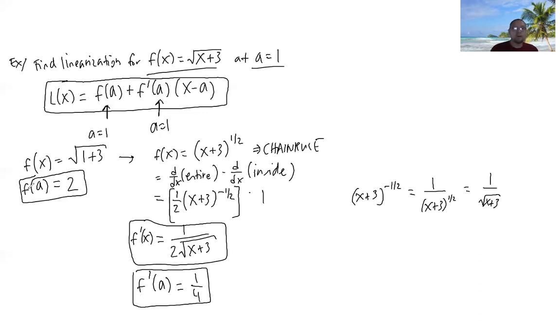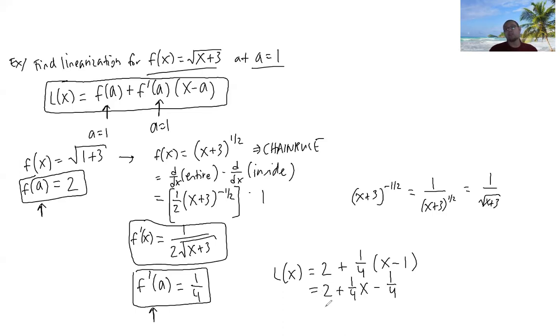All we've got to do now is take this and plug it into our formula. So the linearization at x is equal to f of a, which is 2, plus f prime of a, which is 1/4, times x minus a, which is just 1. And all you do is simplify. 2 plus 1/4 x minus 1/4.